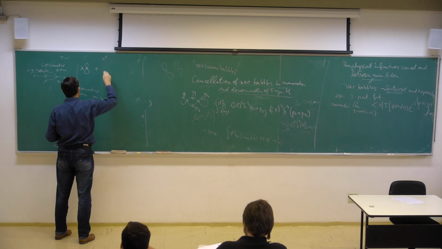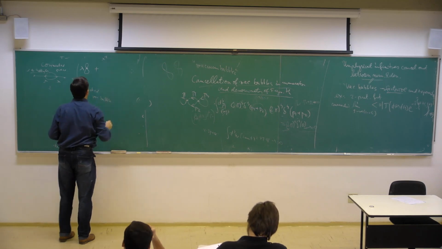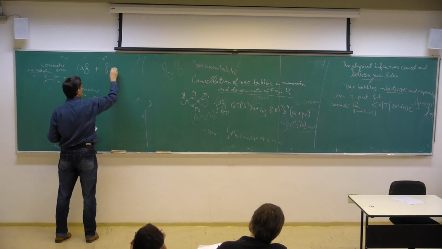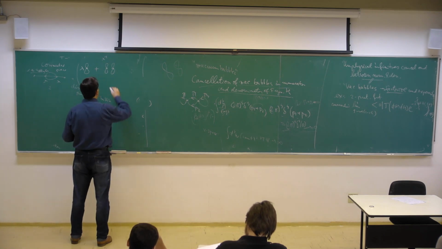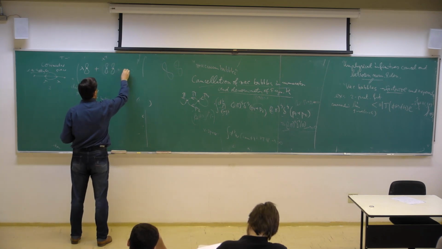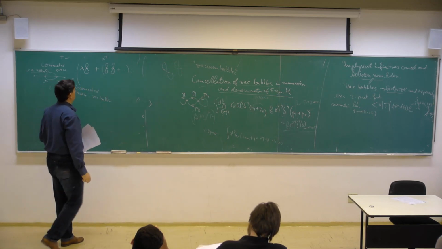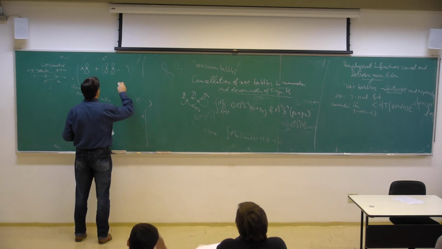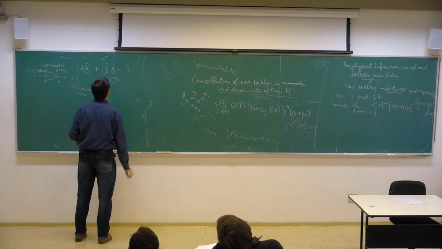Then at order lambda squared, I can have two of these things, and perhaps more. So in principle, I could have, let's say, also this.